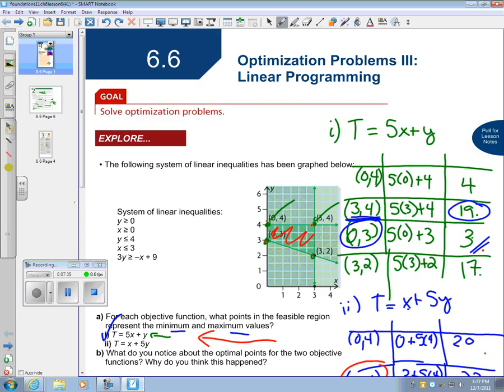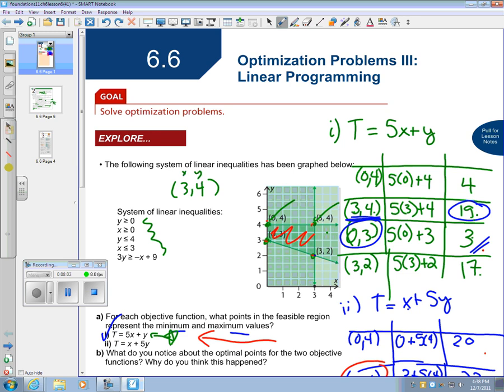So if I was looking for a maximum of this first objective function, I've done all of my work. It's been graphed. I have my linear inequalities, my constraints. The last step I'd have to do is confirm that the point 3, 4 satisfies each of these. That's my final step. So let's see if 3, 4 satisfies this. My point 3, 4, this is my x value, that's my y.